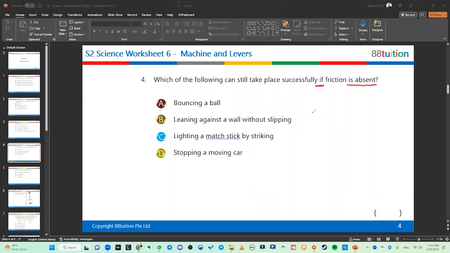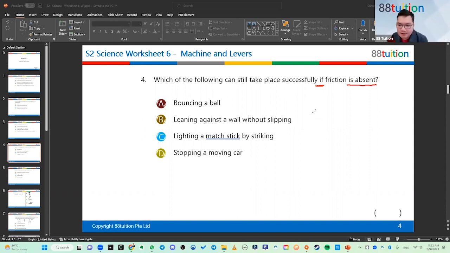Lighting a matchstick by striking. How about D, Sherman? Stopping a moving car. So you have A, B, C, and D. Which one can take place successfully if friction is absent?